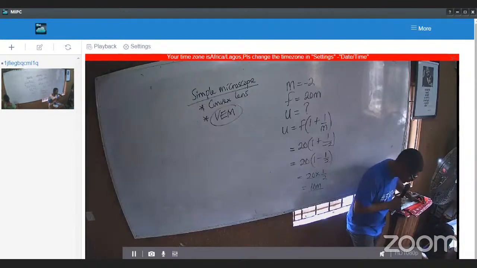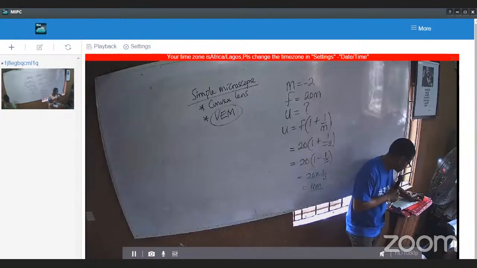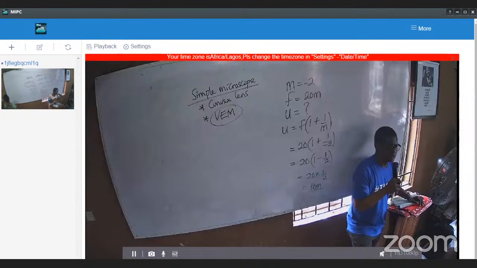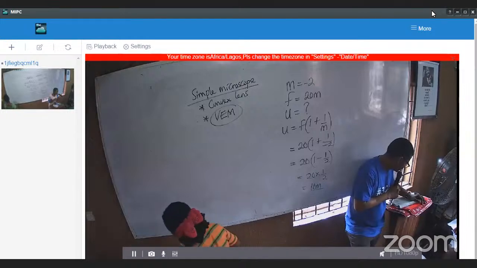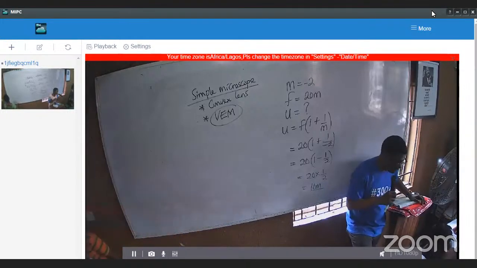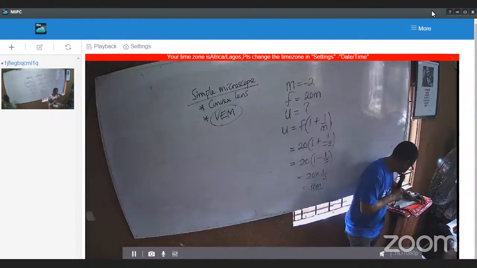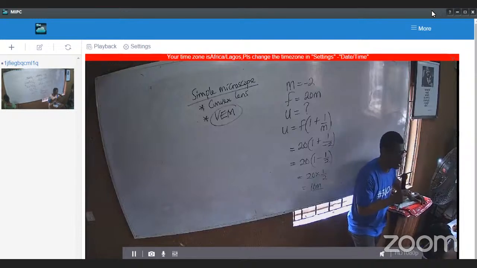Number what now? At which of the following distances from the lens should a slide be placed in a slide projector?